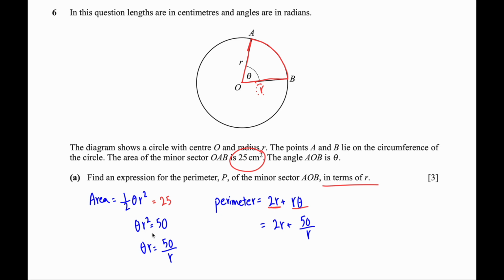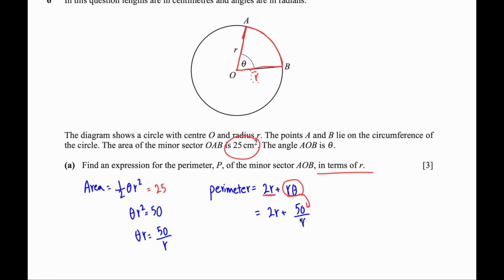However, since I want just R theta, you can make a wise move here and just remove one R and bring it down to the other side. So you get theta R is 50 over R. So this whole thing, R theta, I replace it by 50 over R, and that's the perimeter in terms of R.